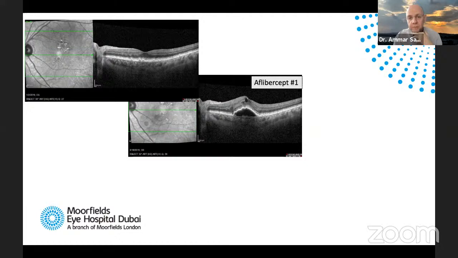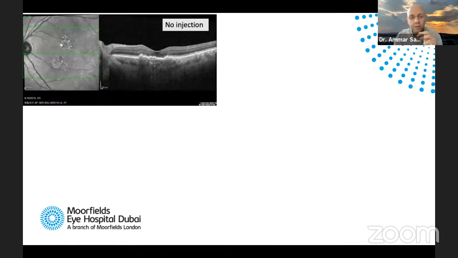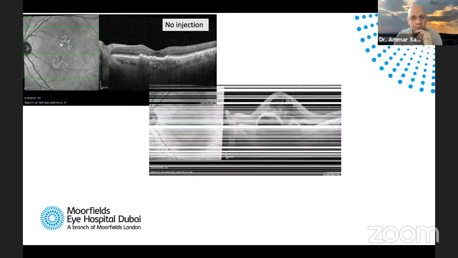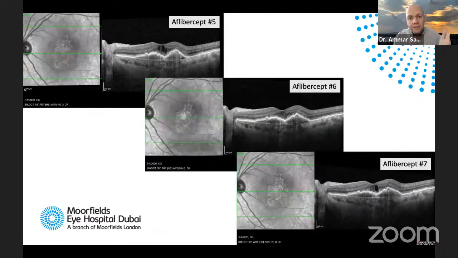The first aflibercept was given to him, and he had good resolution in the subretinal and the intraretinal fluid, but the RPE also did not really change that much. Then he continued to have injections, but he went to Portugal for a month or two, so he didn't get any injection here. Then, as you can see here, a series of injections of aflibercept, 7 injections.